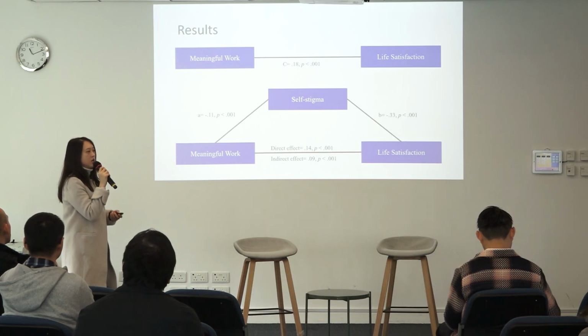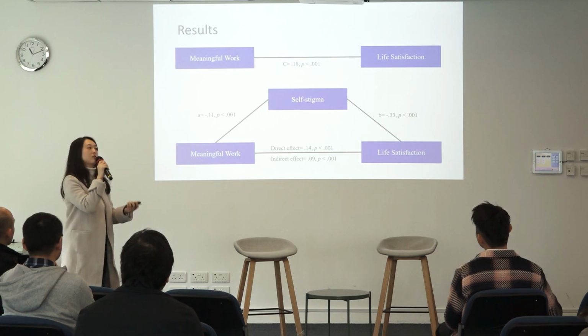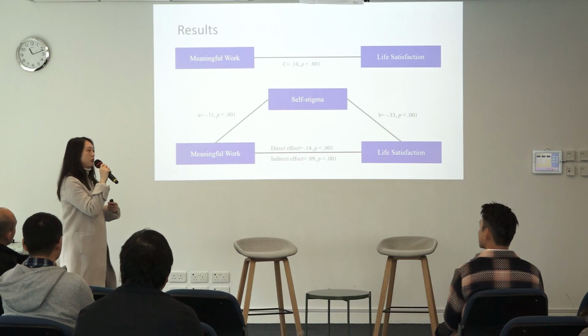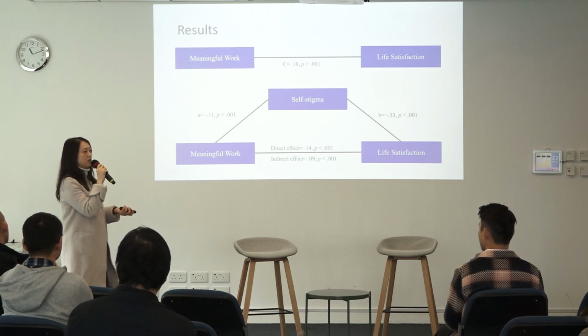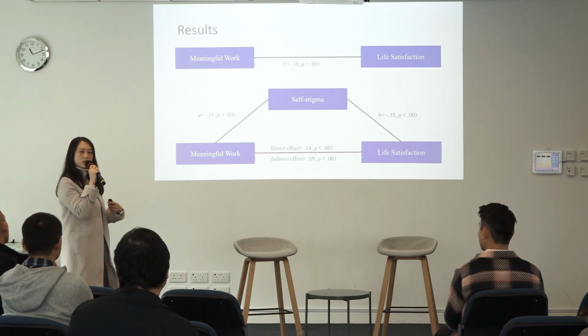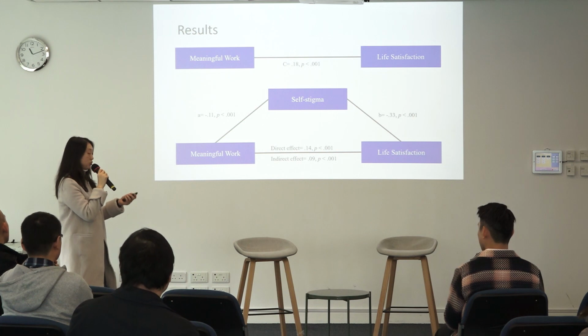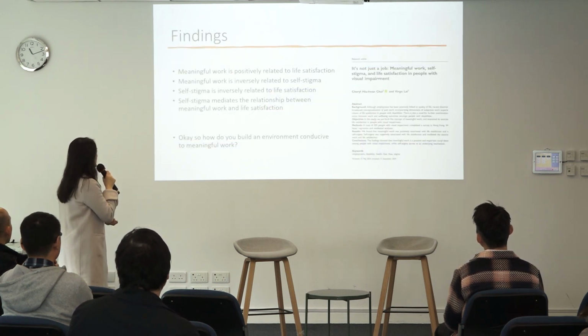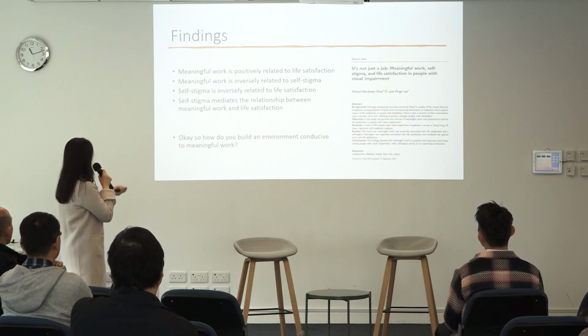So not only can we conclude that meaningful work could reduce, or is at least inversely related to, the internalized sense of inferiority, but it also promotes life satisfaction. That has some practical implications about how to draw meaning from work in a way that contributes to well-being. So this was published; I just summarized our findings.